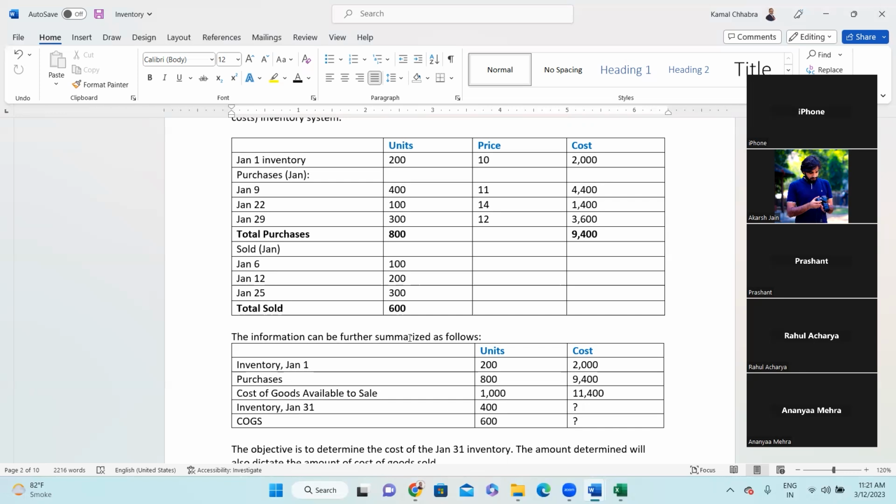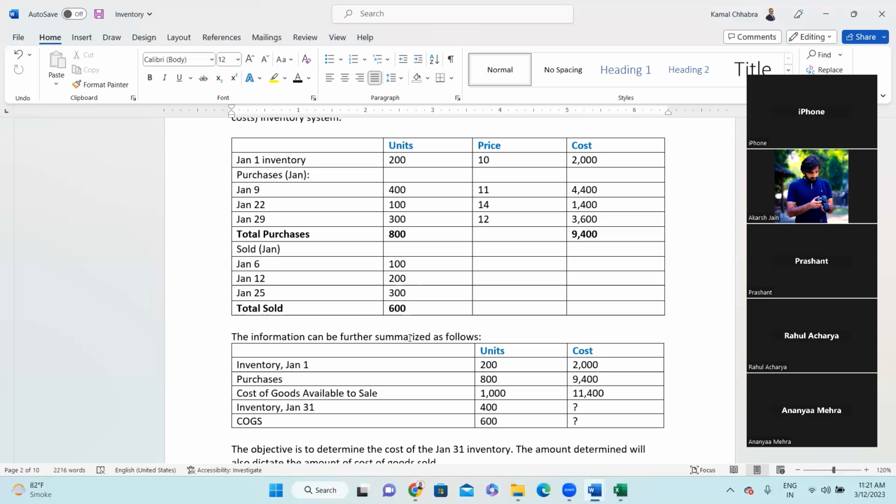COGS will be 7200, and inventory will be 3200. Inventory is how much? 4200. Inventory is 3200. How do you calculate it?